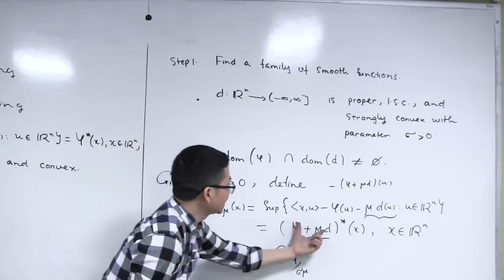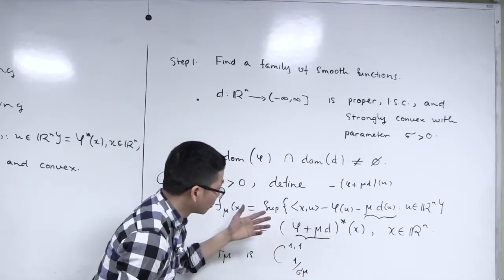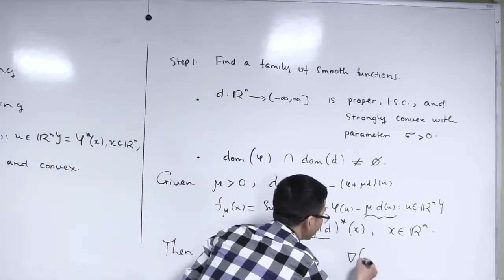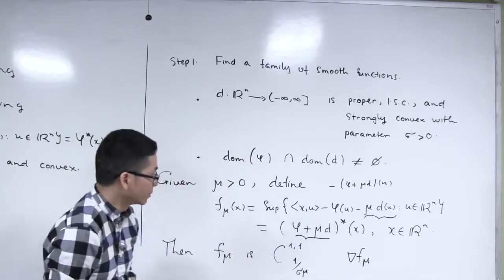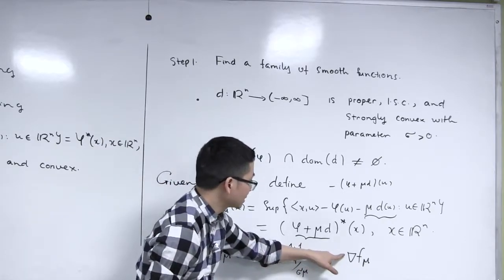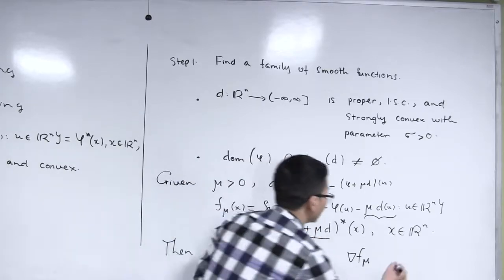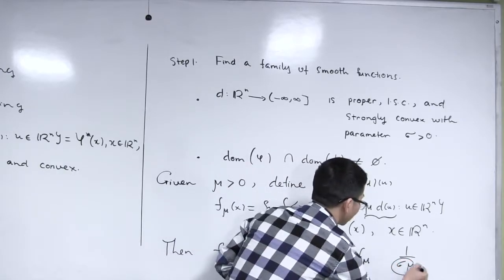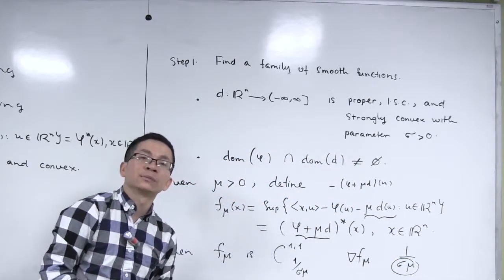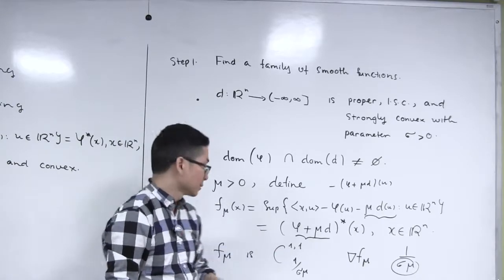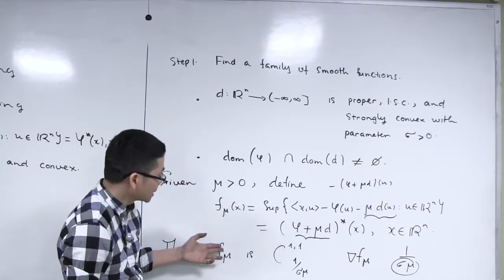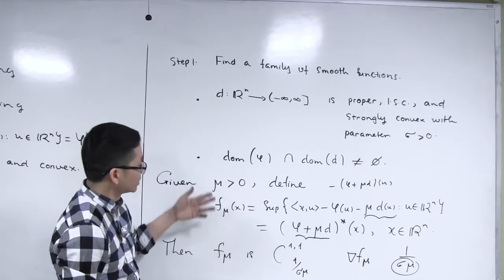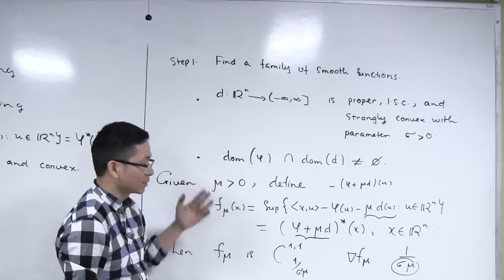Therefore its Fenchel conjugate is C^{1,1}, and the gradient of f sub mu is Lipschitz continuous with constant 1 over sigma times mu, 1 over the strong convexity parameter of the function. So you have seen that we are able to build a family of smooth functions based on the function f.